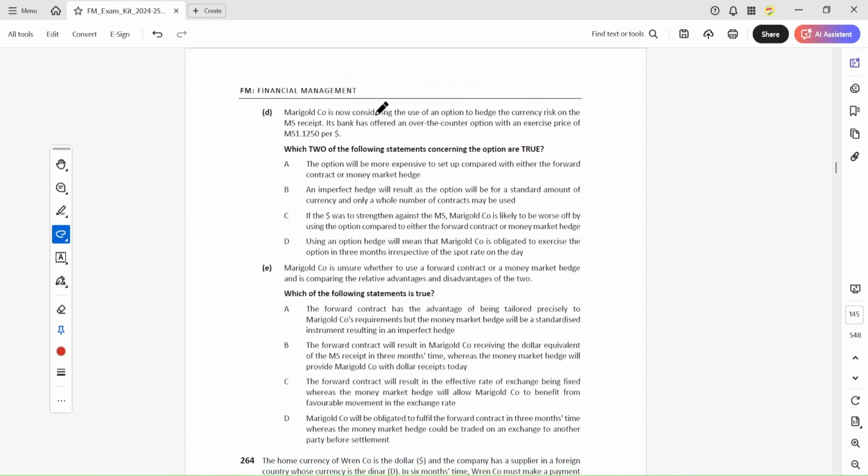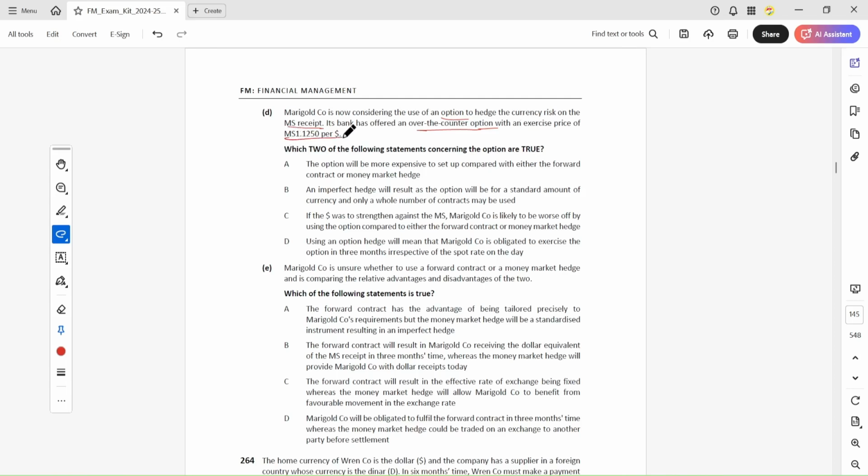Marigold company is now considering the use of options to hedge the currency risk on the receipt. Its bank has offered an over-the-counter option with this exercise price.